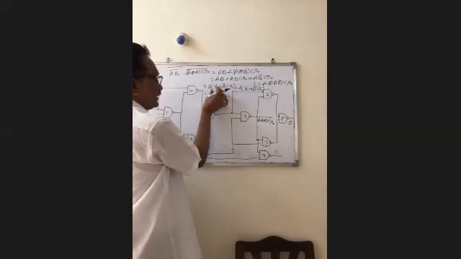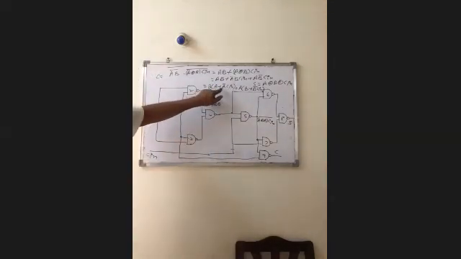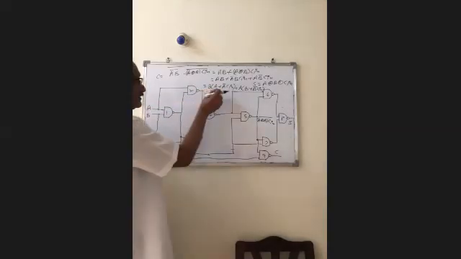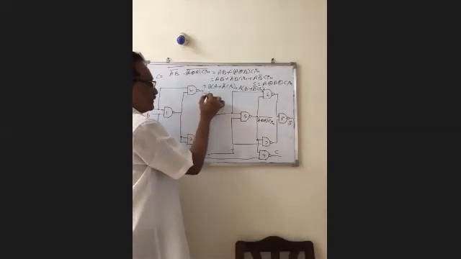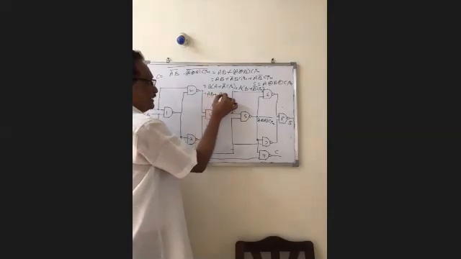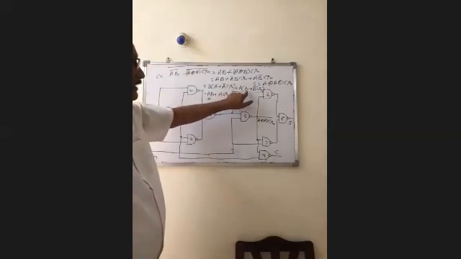According to the simplification theorem, A plus A bar C in can be written as A plus C in. So if we write this as A plus C in and multiply, this becomes AB plus AC in. Plus, according to the simplification theorem, B plus B bar C in can be written as B plus C in.